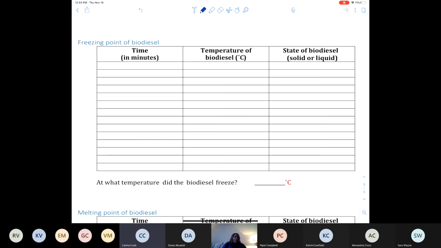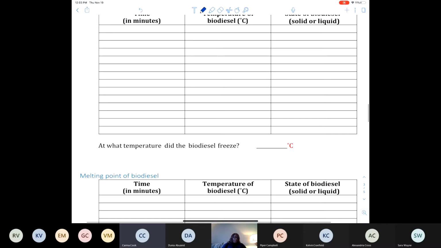We're going to monitor how long it takes for the biodiesel to freeze by checking the temperature every minute, and then note whether the biodiesel is in a liquid state or a solid state. Then we'll determine the exact temperature at which the biodiesel freezes. You'll get that information from the video.